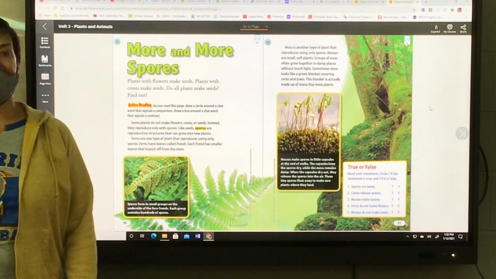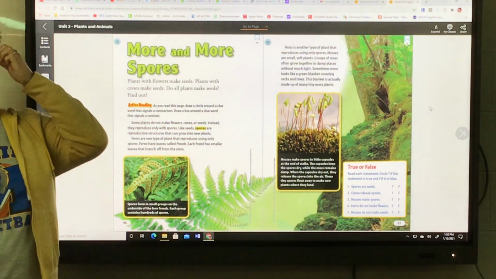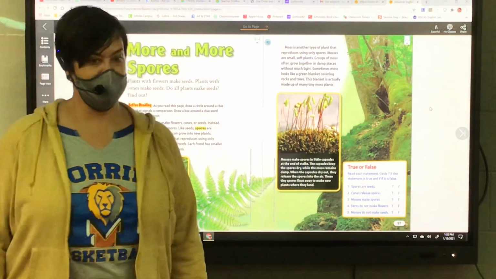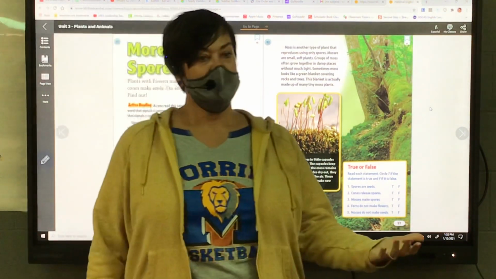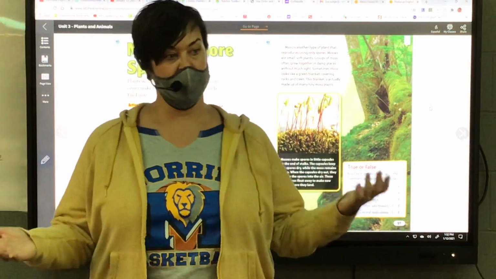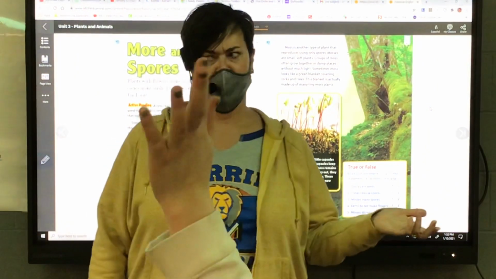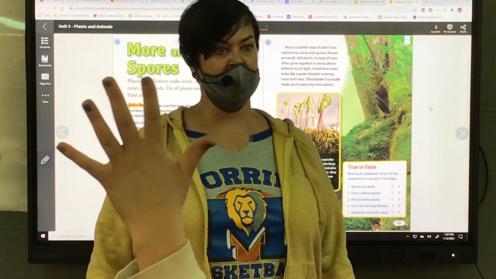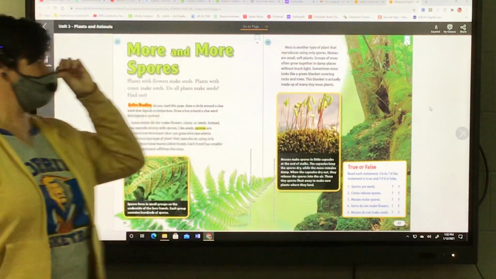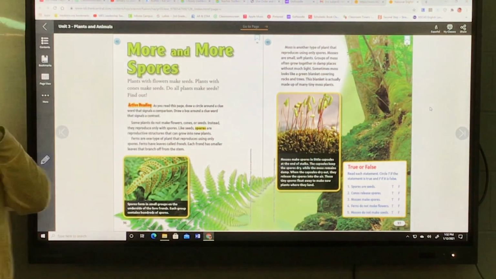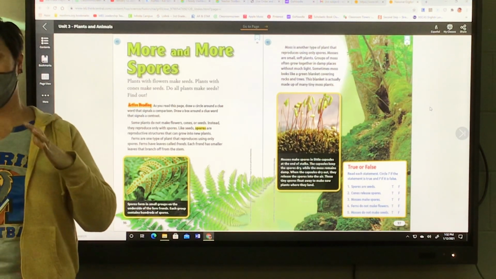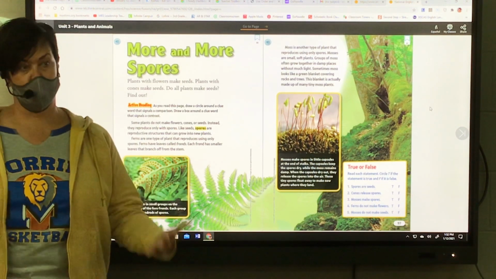Draw a box around a clue word that signals a contrast. So if comparison means that we're finding things that are kind of the same or similar, what is contrast? It means to find things that are different, the opposite. So we're circling things that are being compared, and we're putting a box around things that are being contrasted.